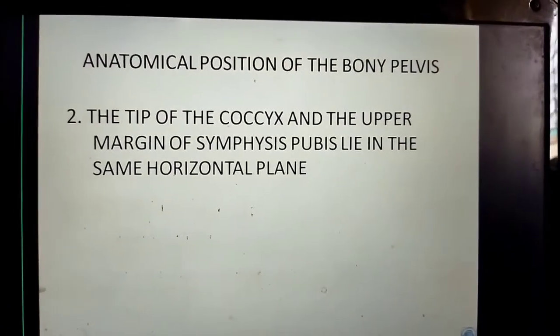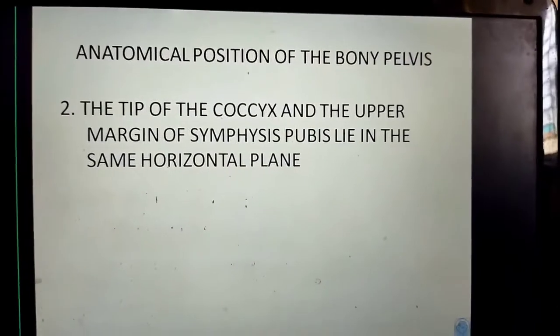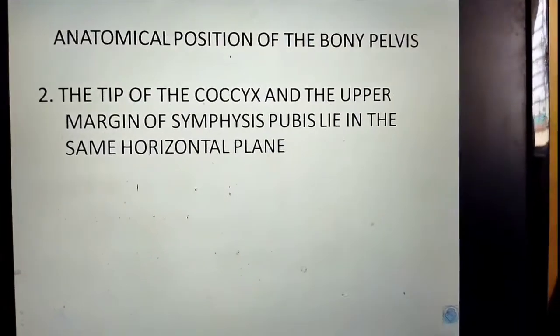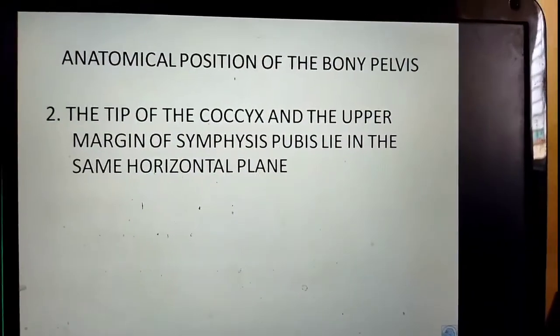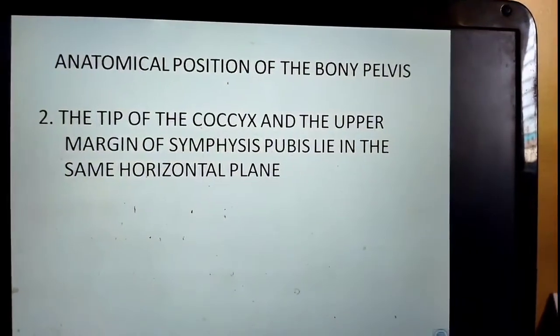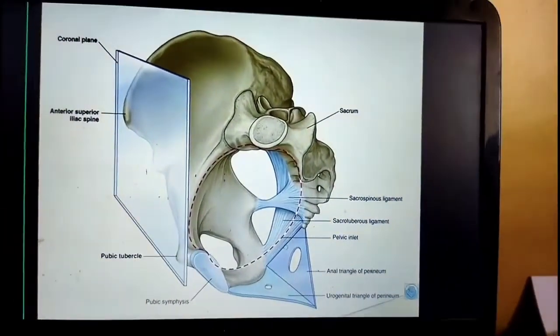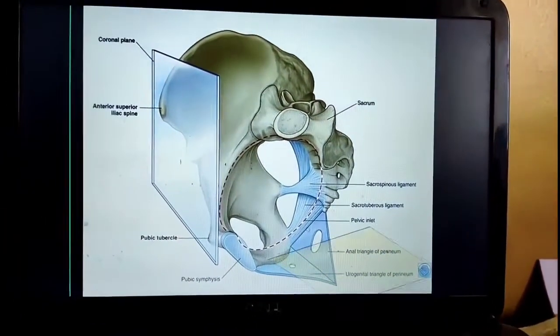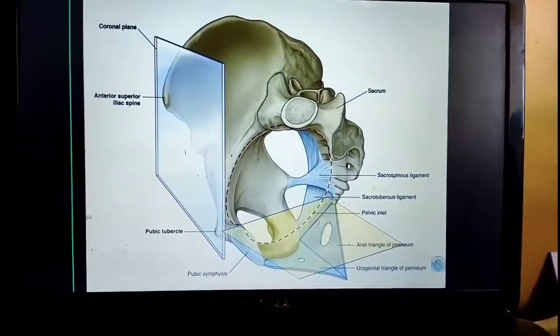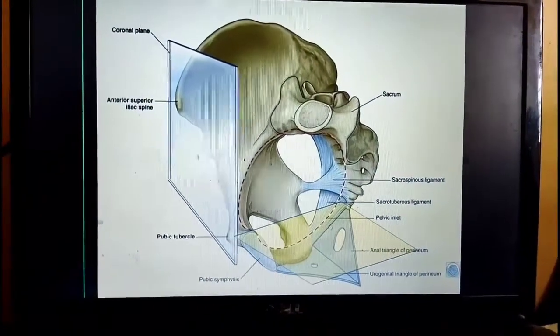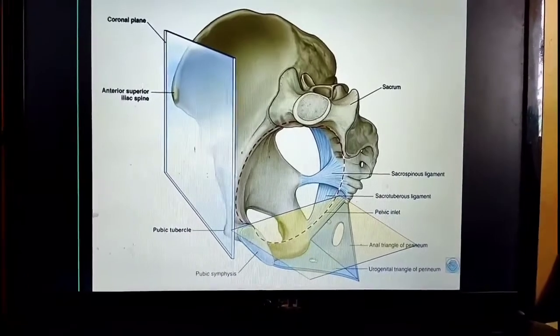Secondly, the tip of the coccyx and the upper margin of the symphysis pubis lie in the same horizontal plane. Here you see the horizontal plane passing through the tip of the coccyx and the upper margin of the symphysis pubis.